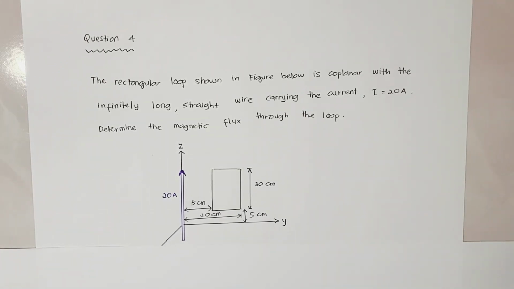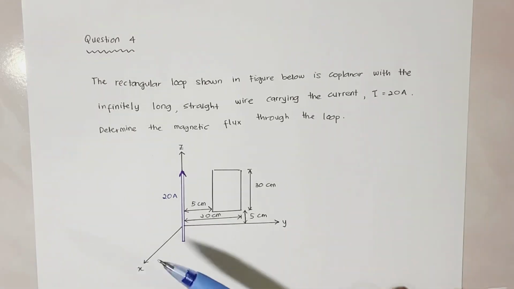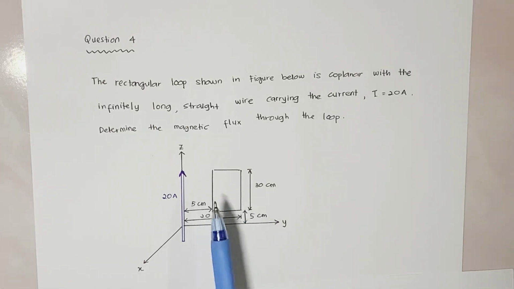Okay, this is the loop, coplanar with the infinitely long straight wire carrying current I equal to 20 ampere. So you need to find the magnetic flux through the loop.